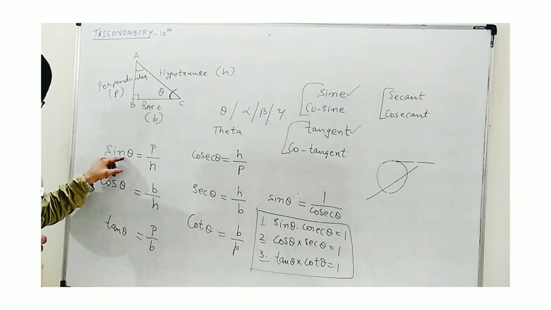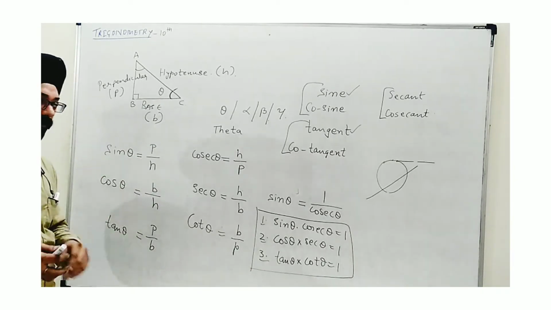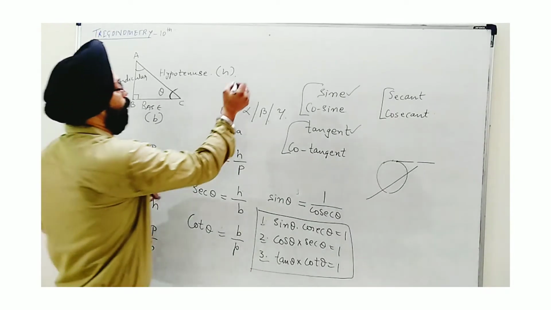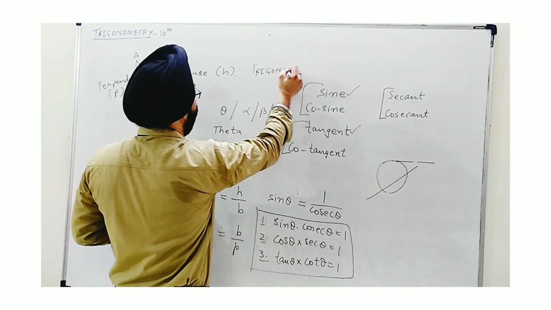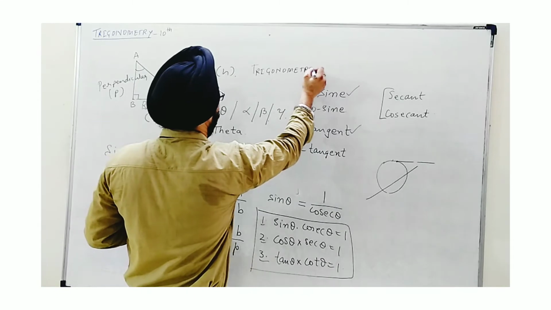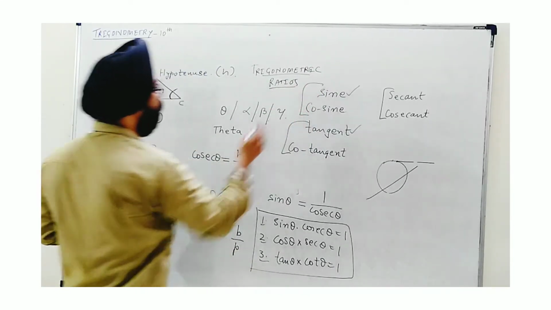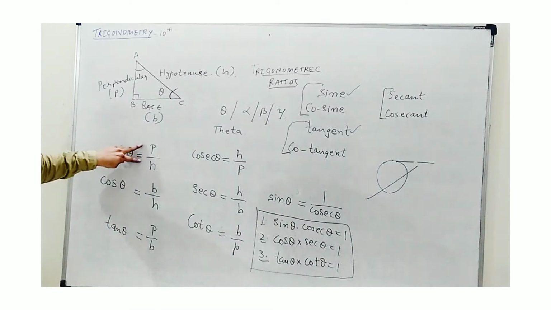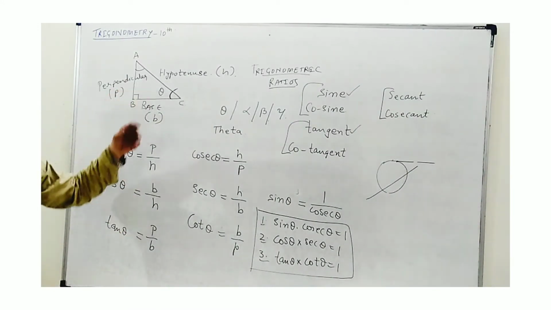And these, sine and the rest, we say are trigonometric ratios. All six are known as trigonometric ratios. Why so? Because we are defining them in the form of ratios taking two sides of the triangle at a time.